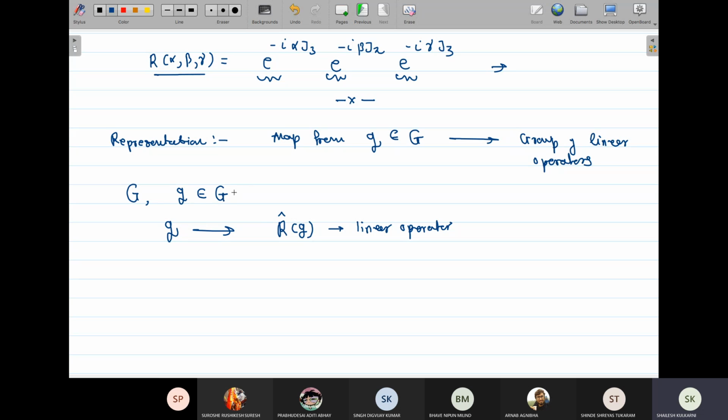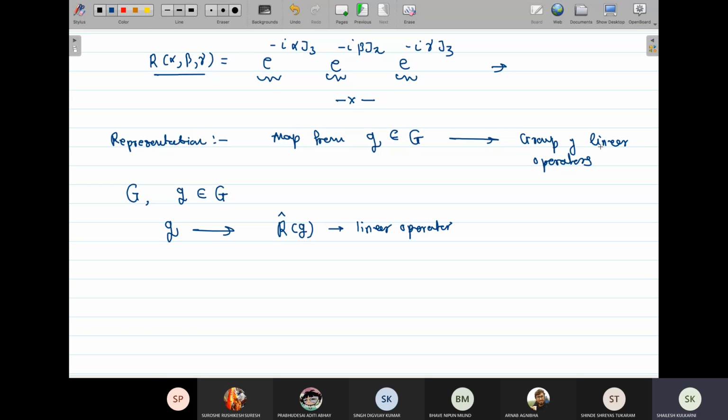So I will act this map on all the elements of G, capital G, and I will get the corresponding linear operators. The set of all linear operators also forms a group. So this is a map from any given group to a group of linear operators.